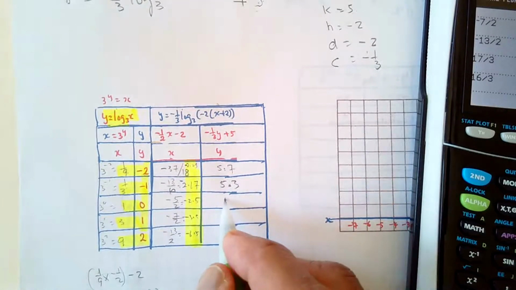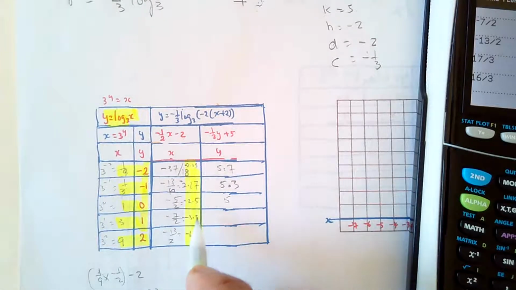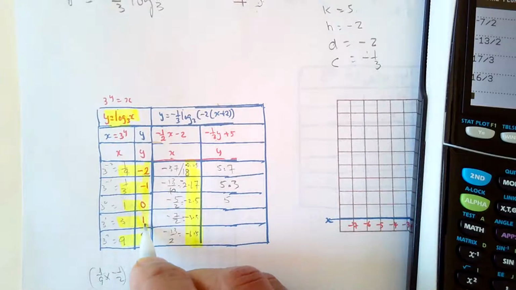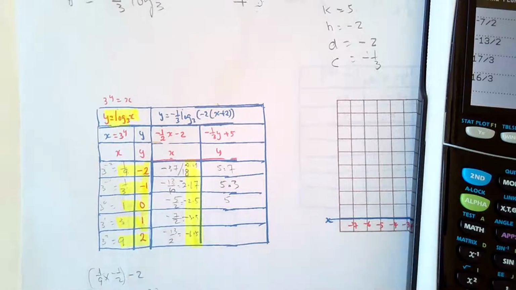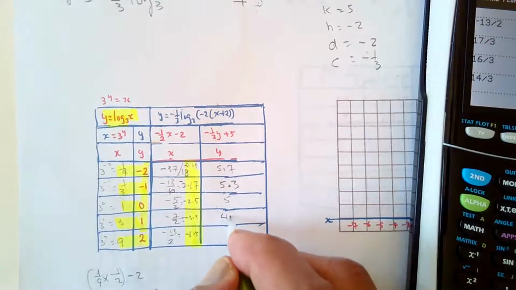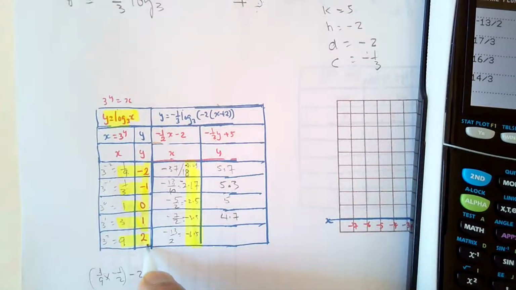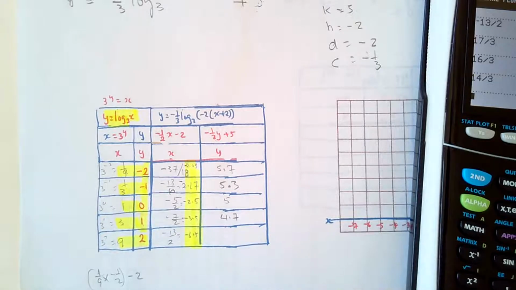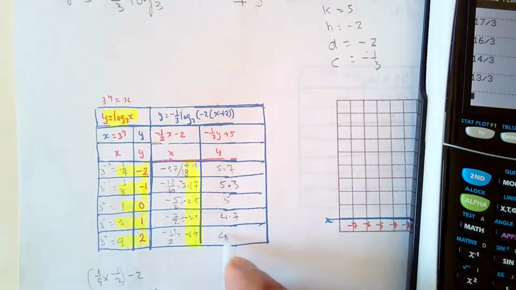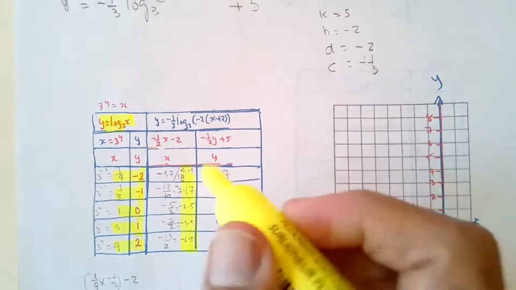Next one will be 5, a whole number here, because 0 times 1/3 is 0 plus 5. Then we have 14 divided by 3, which gives us 4.7 approximately. And then 13 divided by 3 gives us 4.3. So those are our points, and we plot them on the graph here.